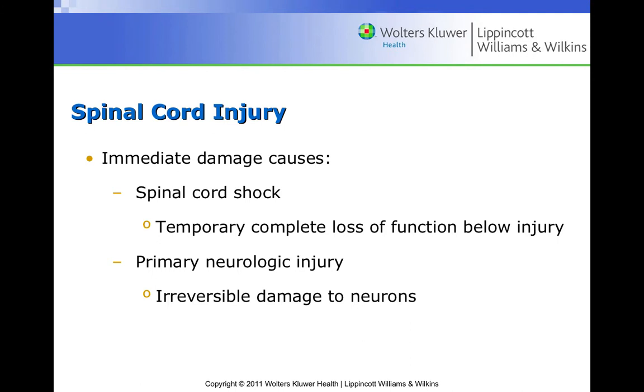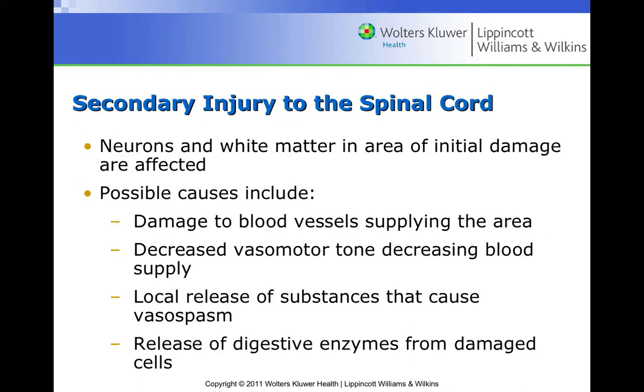But spinal cord injury can also be secondary, related to neuron or white matter damage, damage to the blood vessels that supply a certain area, or the vasomotor tone decreasing that blood supply. So know that spinal cord injury is not always due to trauma as we most often think of it.